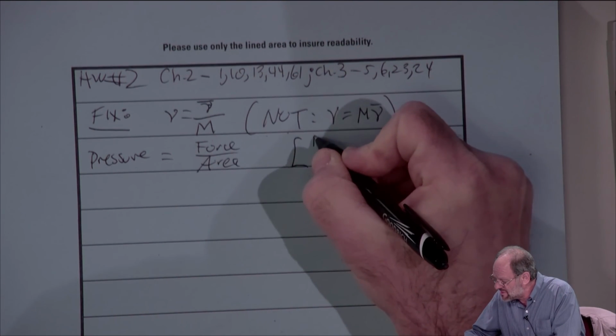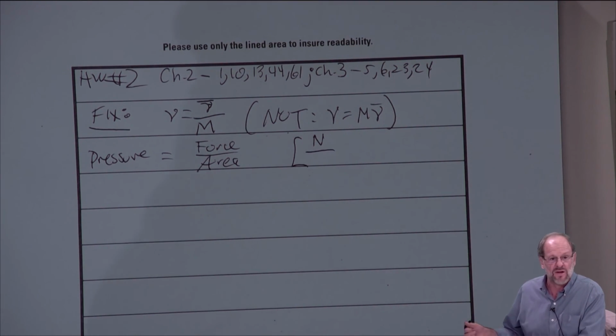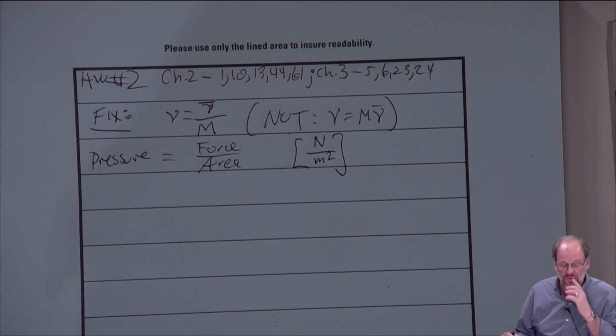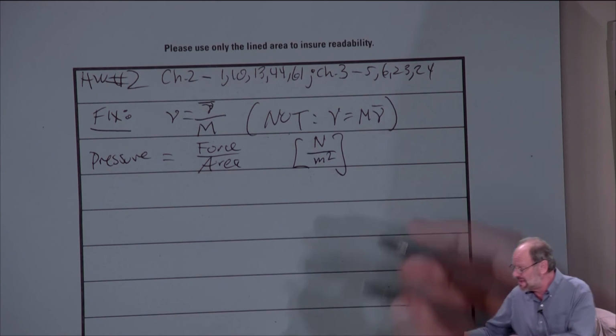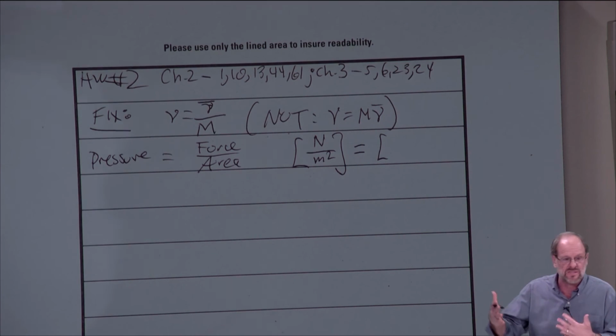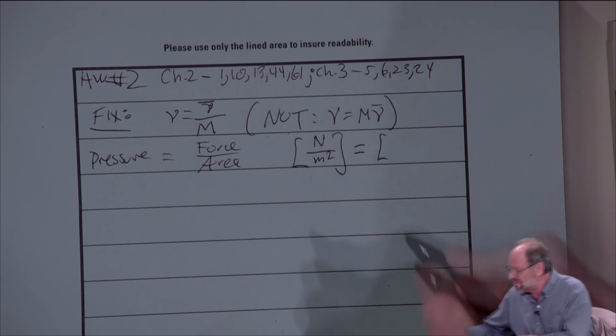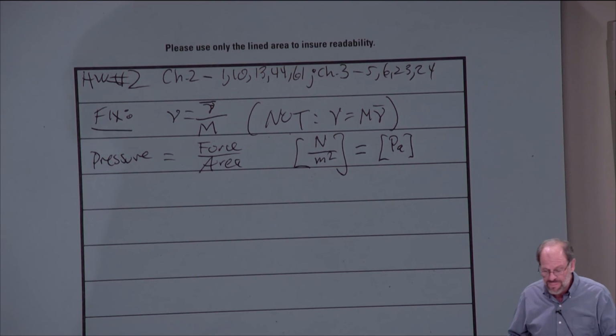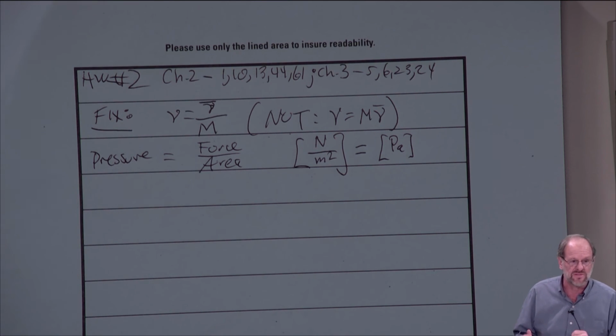The force units are, of course, newtons. The area units are meters squared. So a Newton per square meter is the appropriate pressure unit in the SI system. And we should all understand that this is what we define as a Pascal. So 1 Pascal is just 1 Newton per square meter. I might note that often, because a Pascal is a very, very small amount of pressure, usually we would measure, at least in the SI system, using kilopascals or thousands of pascals, right?